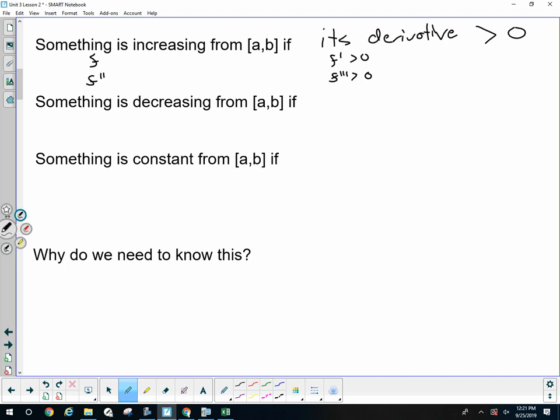V is increasing when v prime is positive. V prime is increasing when v double prime is positive. We don't just necessarily stop at f prime. It all depends on the question. Something is decreasing if its derivative is negative. Instead of writing "is negative," we know that something less than 0 is negative. Something is constant if its derivative equals 0.